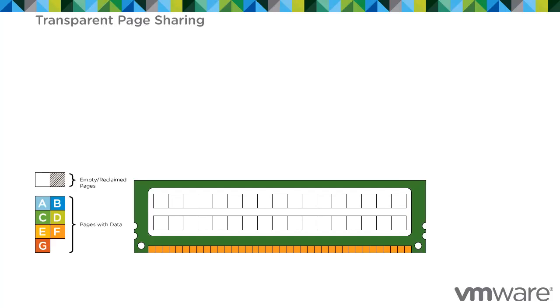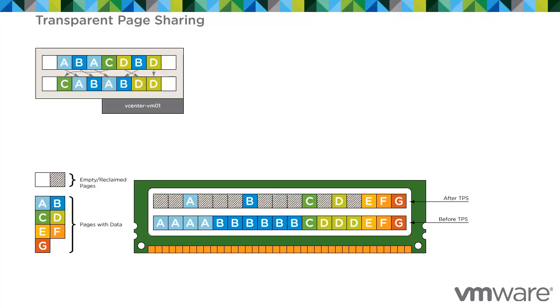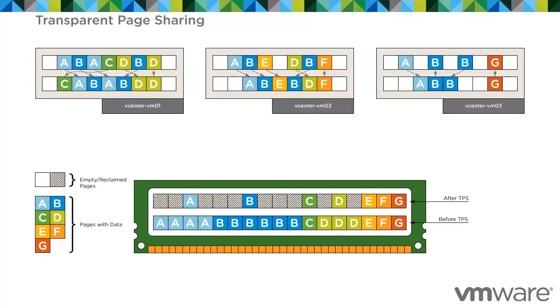Transparent page sharing is when pages of memory that are identical take up the same physical space on the physical memory card. TPS can occur within a single virtual machine or across multiple virtual machines. In this diagram, there are 3 virtual machines on one ESX or ESXi host. Each virtual machine has its own logical and physical pages.